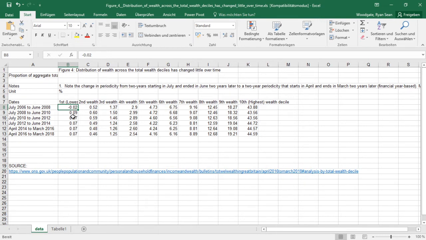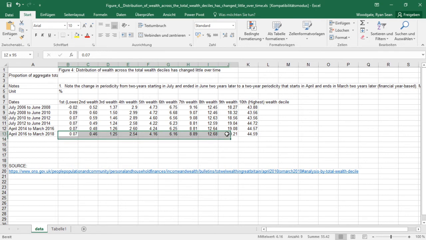So that's quite a fascinating maldistribution, if you like. On the other side of the spectrum, we have the top 10% owning 43, close to 44% of all wealth in the UK. So here we already see that wealth in the UK is quite radically unequally distributed.